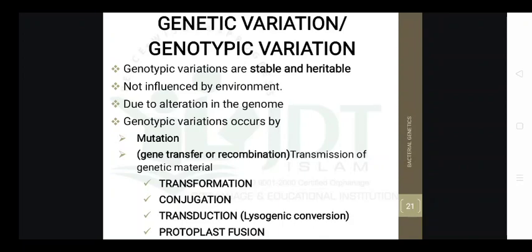Recombinant DNA technology is a biotechnological method for gene cloning, in which we isolate some part of a gene, combine it with a vector, and transmit it to a host cell for a predetermined goal. But here it is just recombination. In genetic recombination or gene transfer, it is just a combination of different genetic material from another cell. So that is the main difference between recombination methods or gene transfer methods and recombinant DNA technology.